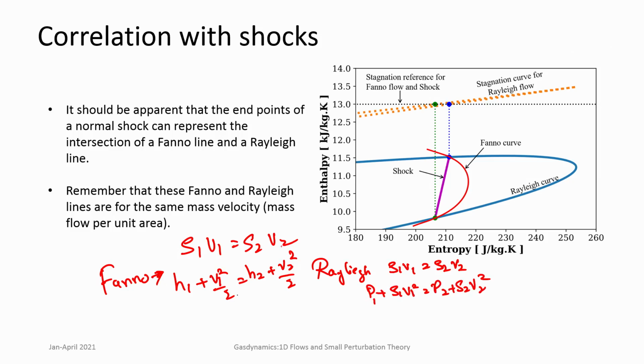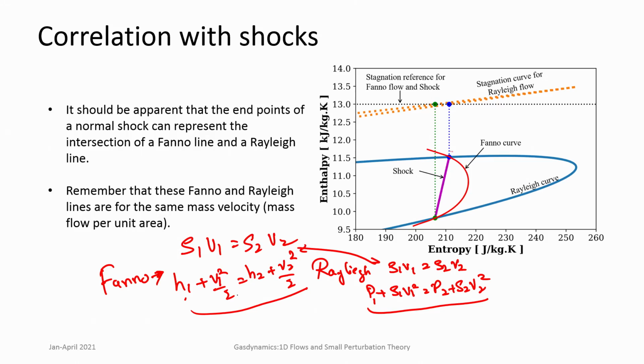Now, if you take them together, both satisfy rho 1 V1 equal to rho 2 V2, and also total enthalpy remains constant, and momentum also remains constant, P1 plus rho 1 V1 square equal to P2 plus rho 2 V2 square. So, if you take all of them together, it satisfies all the conditions of the shock.